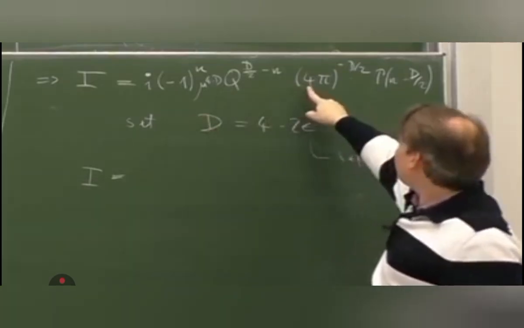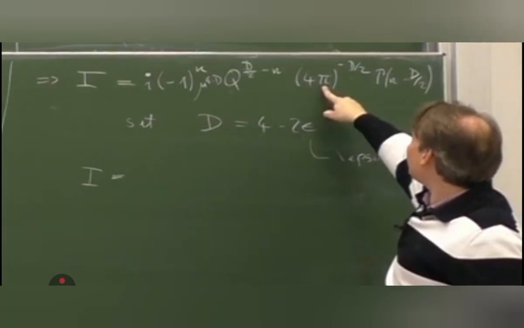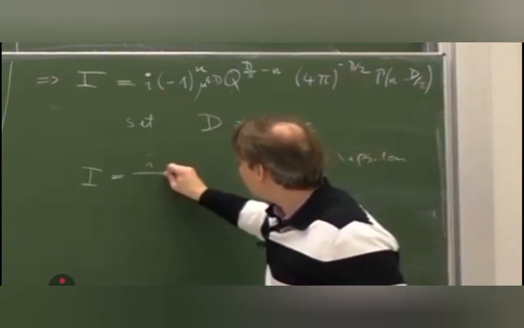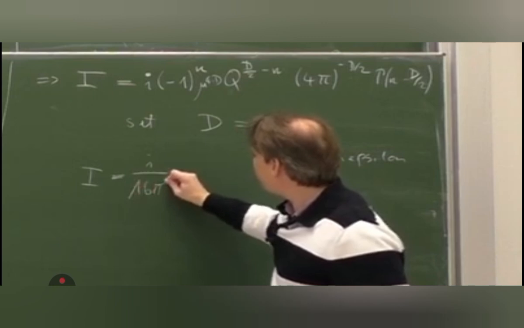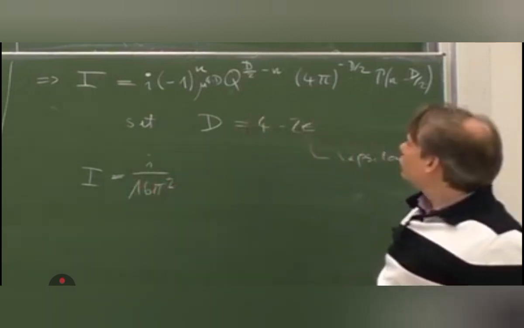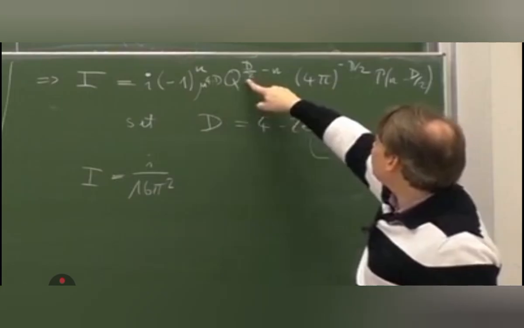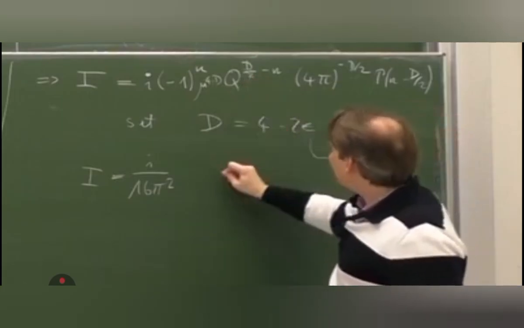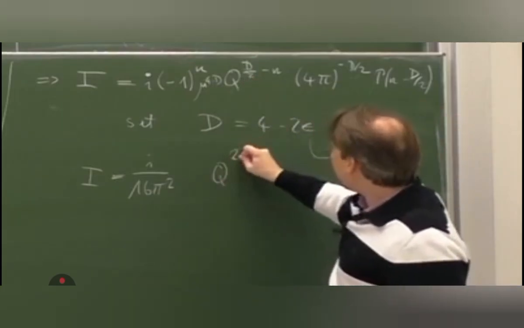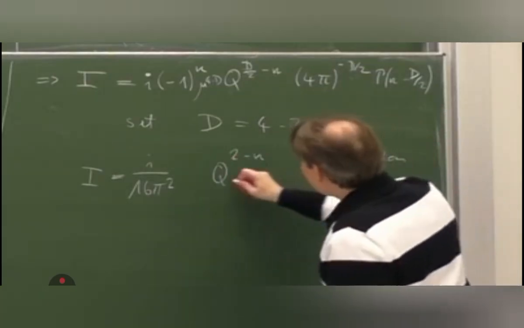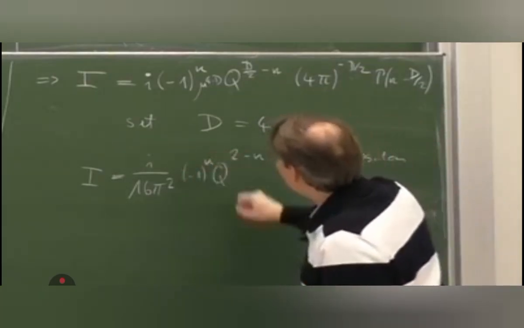We get 4 pi to the power minus 2, and we get the I, so we can have the prefactor I over 16 pi squared. Then the mu doesn't appear for d equal 4, and here we get q to the power of 2 minus n. And of course we also have the minus 1 to the power n.